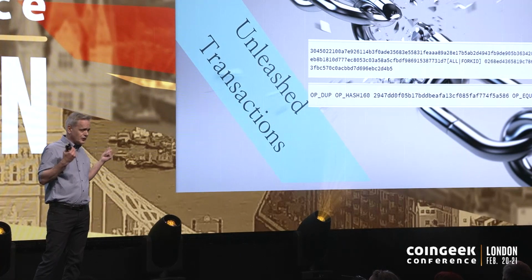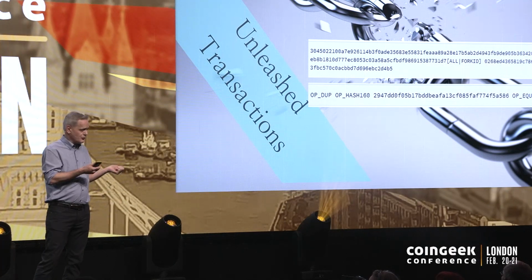This is a P2PKH transaction. It may look complex, but it's actually incredibly simple. There are only 4 operations there, 3 data values. It just transfers Bitcoin from one, you could say from one address to another address, right? But imagine that's just 4 operations. It's 4 commands in a language.